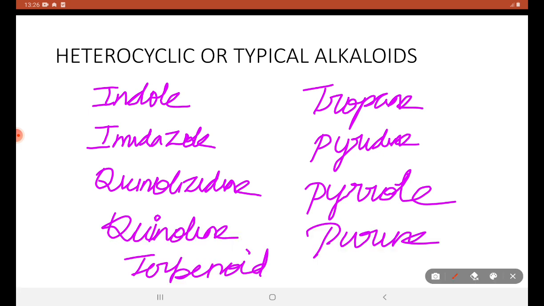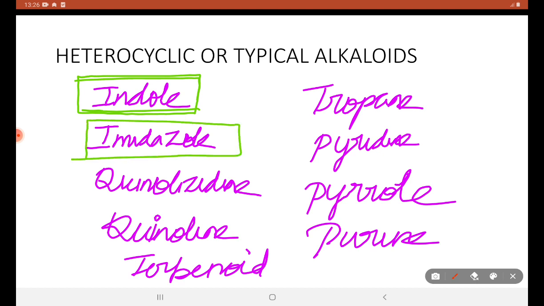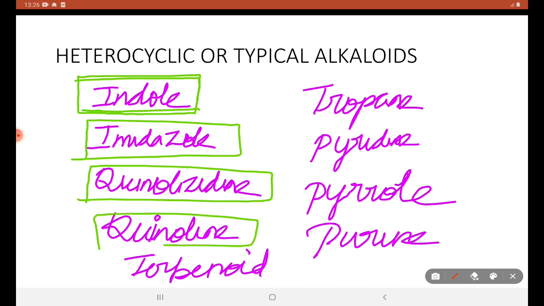In case of indole, we have vincristine and vinblastine. In case of imidazole, we have pilocarpine. Quinazolin, we have crestine. Quinoline, we have quinine.